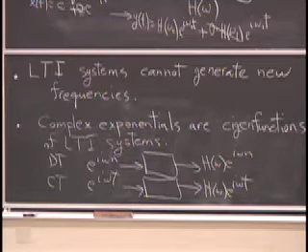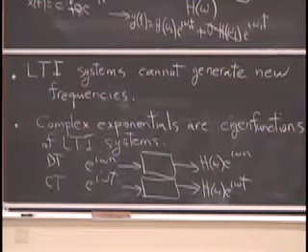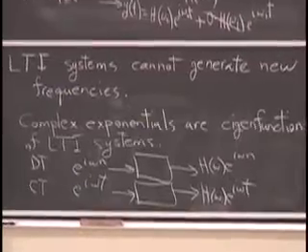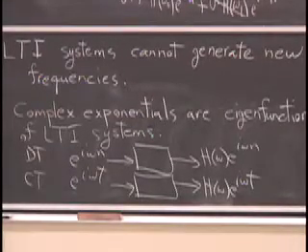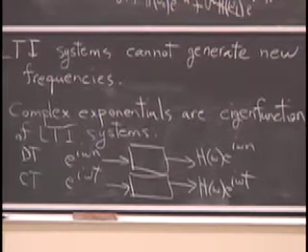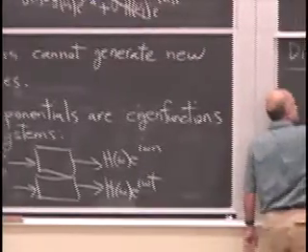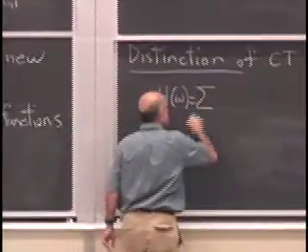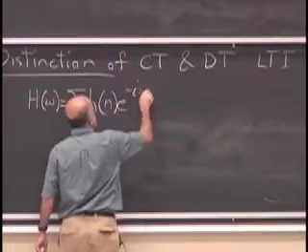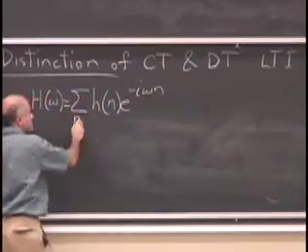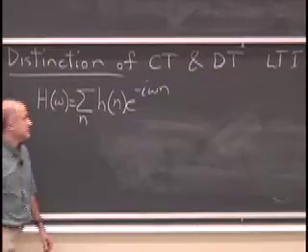So, one distinction. In discrete time, you had H of omega was the summation of h of n e to the minus i omega n, where this summation went from minus infinity to infinity.